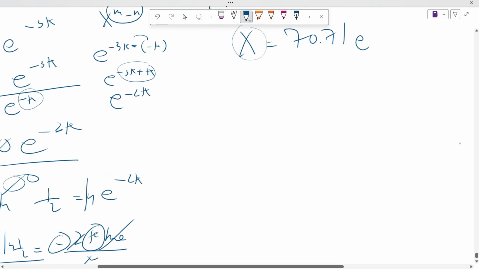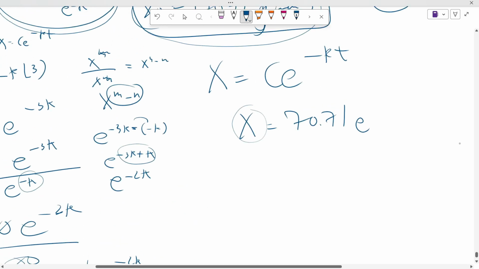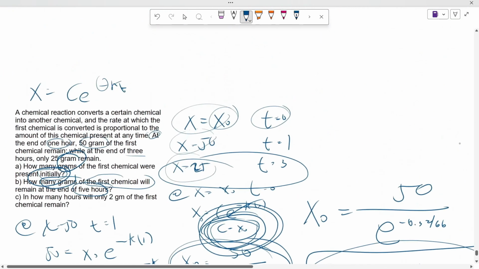What is the value of negative k, guys? 0.3466.